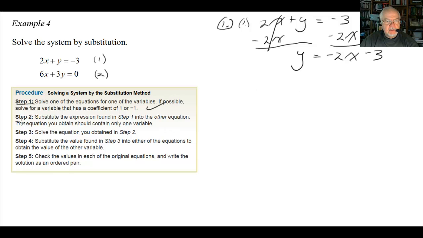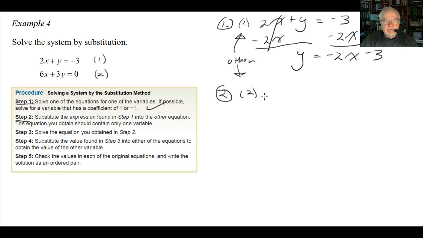Done. Step 2. Substitute the expression found in step 1 into the other equation. So we used equation 1, so the other equation must be equation 2. And we are going to substitute this expression here into equation 2.